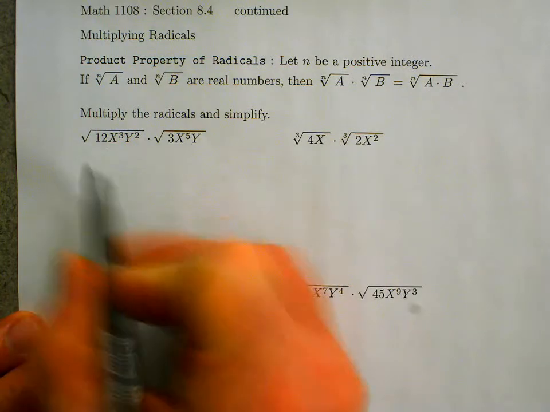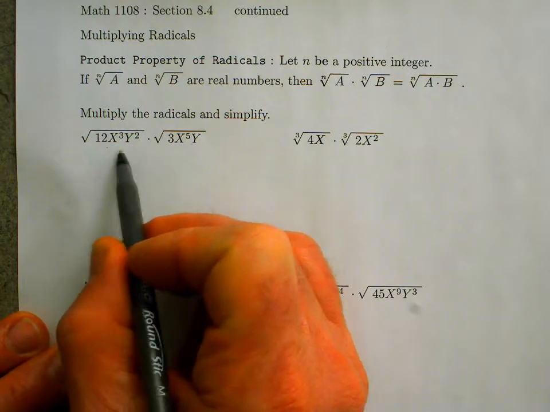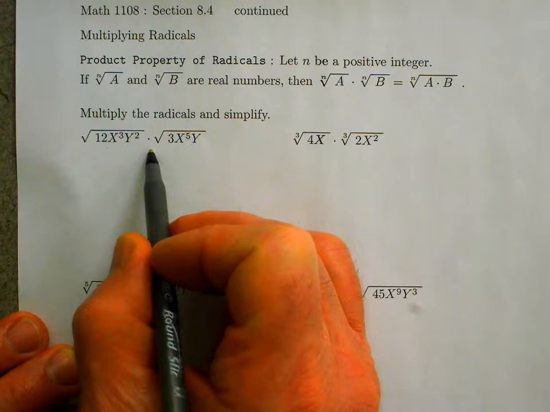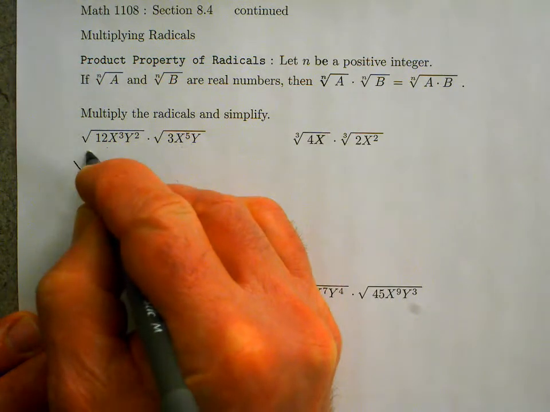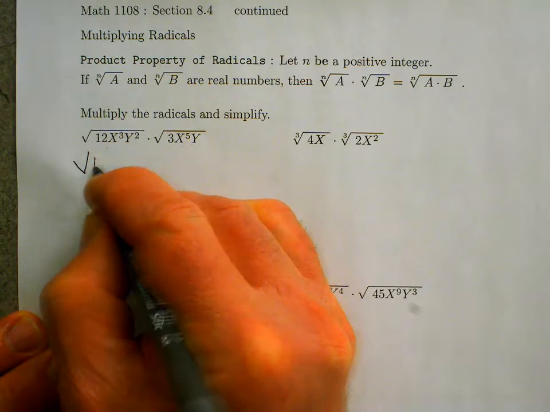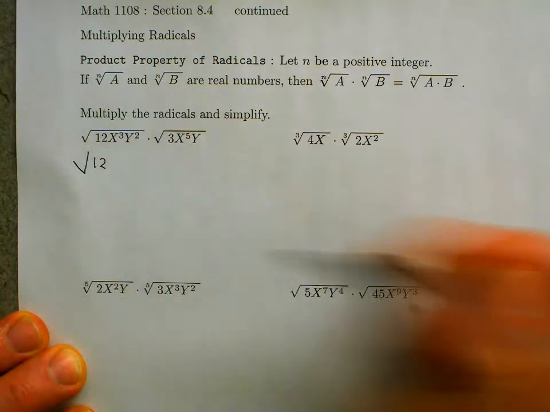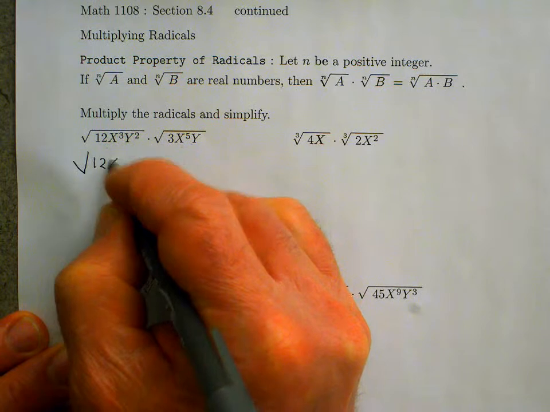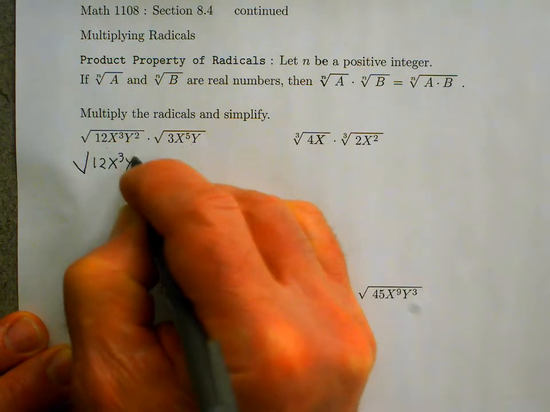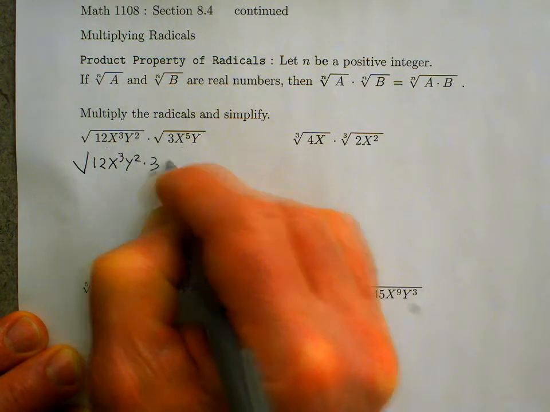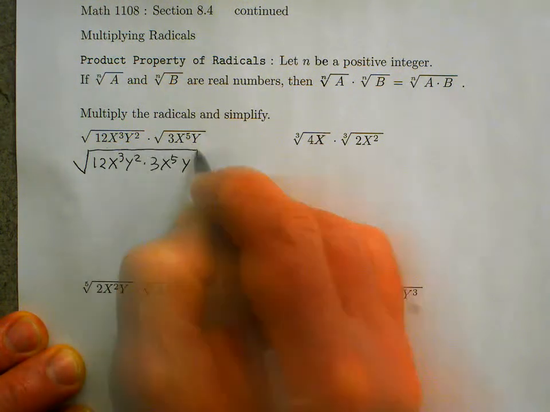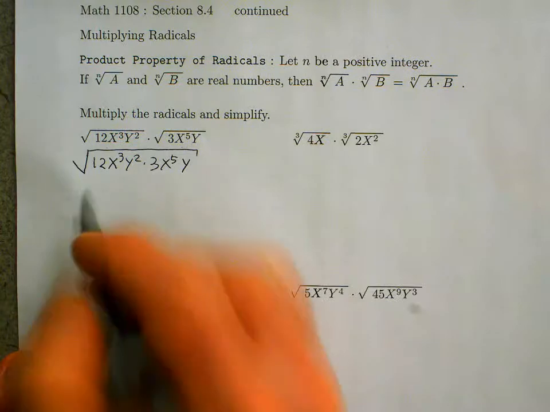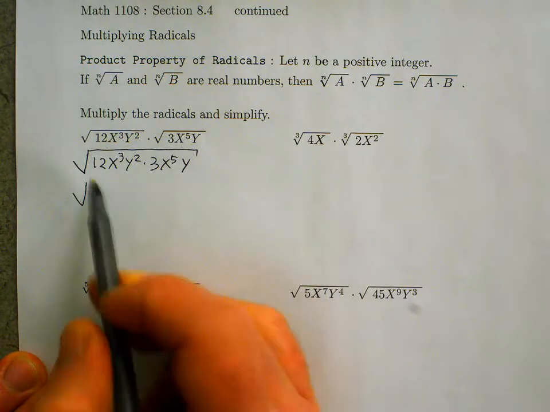So in this one, the square root of 12x to the third y to the second times the square root of 3x to the fifth y, if we just write it as a single square root of 12x to the third y to the second times 3x to the fifth y, and then simplify the multiplication.